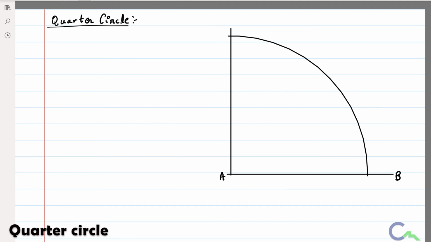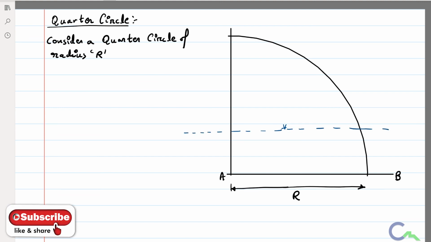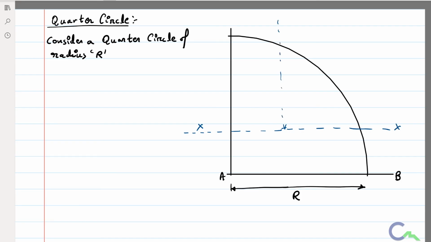Now I am going to derive the moment of inertia for a quarter circle. For that I am going to consider a quarter circle of radius capital R. I will take this base, that is AB. I can locate the centroid of the quarter circle somewhere here. The horizontal centroidal axis I will take as XX, and the vertical centroidal axis I am going to take as YY.